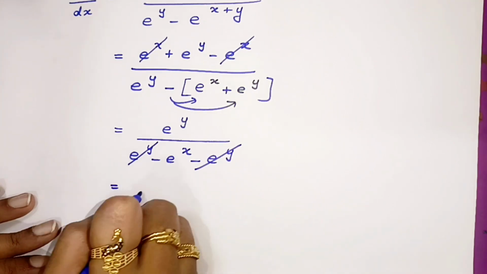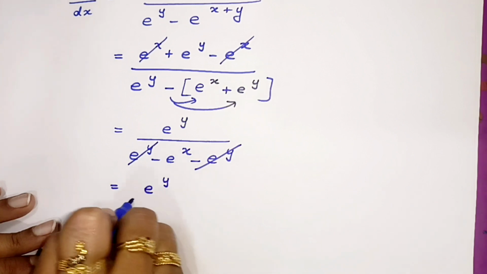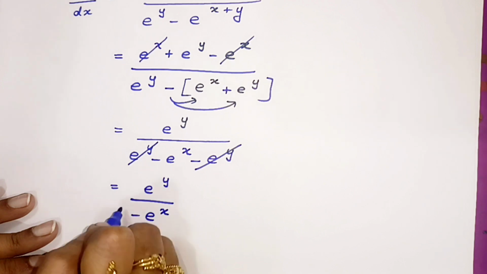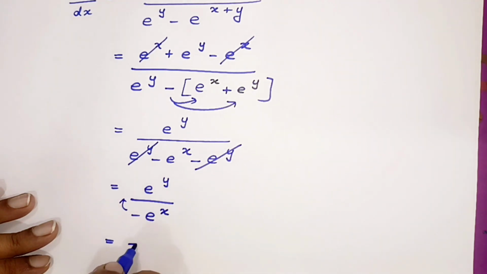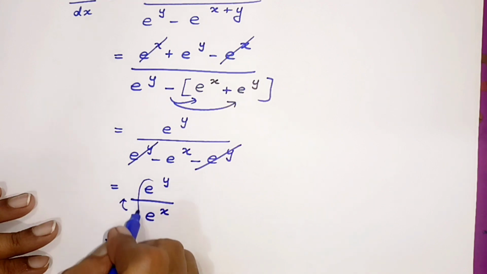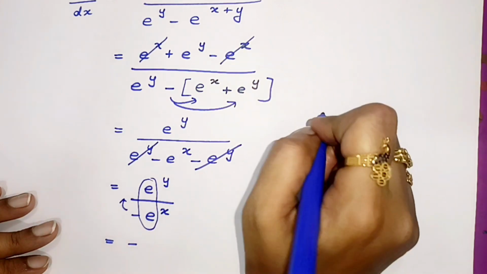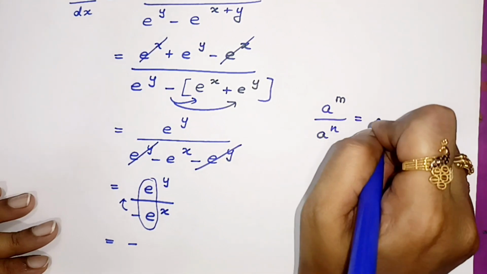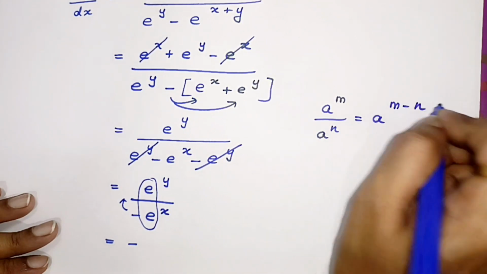So that is equal to e power y divided by minus e power x. So the minus in the denominator we shall keep as common to both numerator and denominator, and the bases are common, so we shall use the formula that a power m by a power n could be written as a power m minus n.